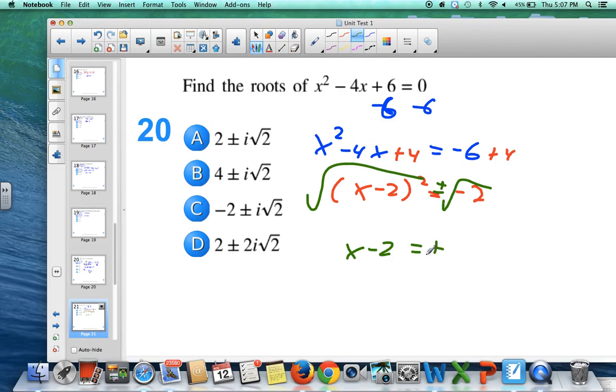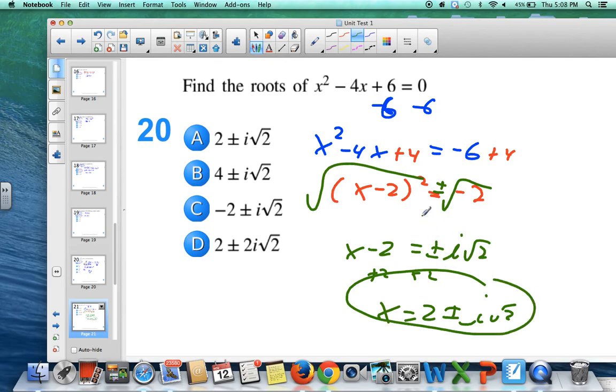So it would be plus or minus 2, no, not 2. We write it like this, i times the square root of 2. And now to get rid of this 2, I simply add 2 to both sides. x equals 2 plus or minus i root 2. And that's the answer we're looking for, 2 plus or minus i root 2.